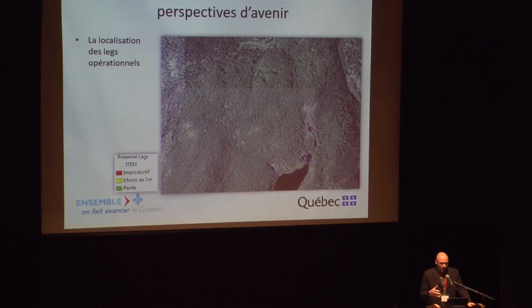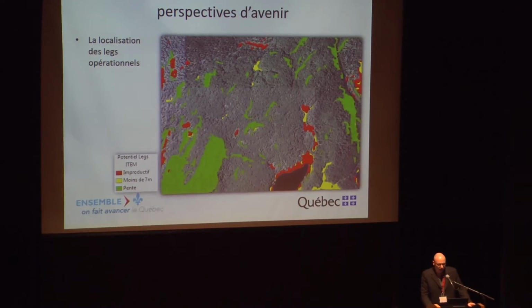Future perspectives, if we look at them rapidly, localization, operational legacies, the numbers that we have today, the laws that we have today in the field, where we do the cutting, we can say 5% of a territory. Right now, the people who do the planning, they leave it at 5%, but sometimes it's 7 or 8 because there's some that hasn't been planned, and so in the end, often we do more than what we planned.